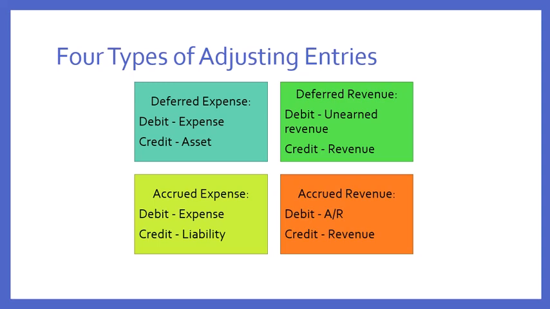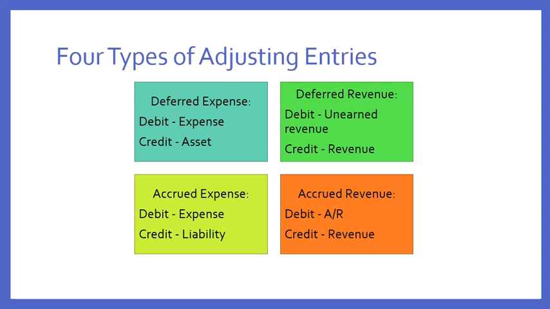Some examples of deferred expenses are things that we initially record as an asset, but then later move to expense as we use it. Common examples are things like prepaid expenses, office supplies, or a long-term asset for which we're going to record systematic depreciation.